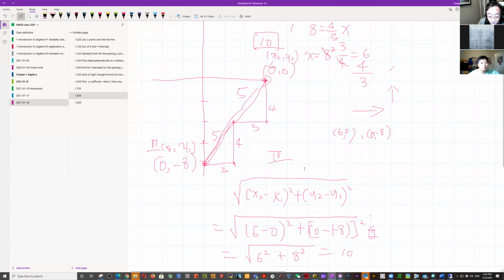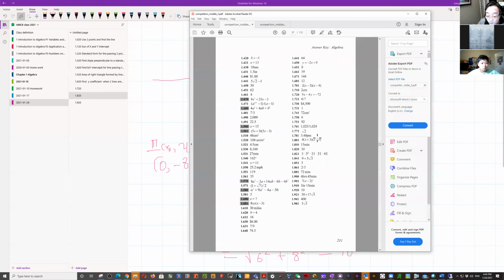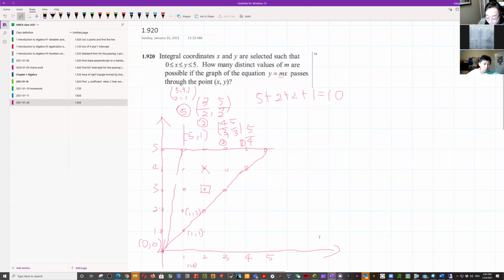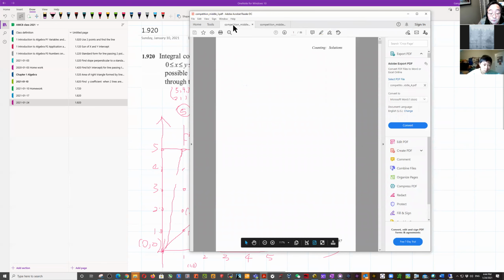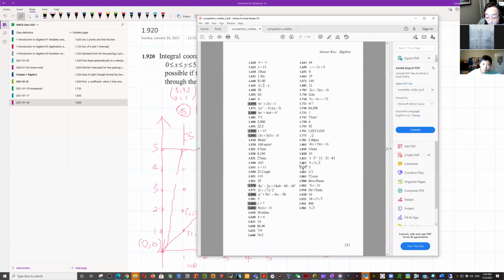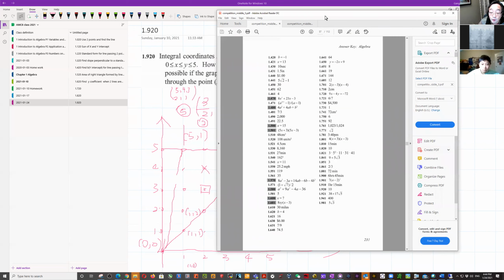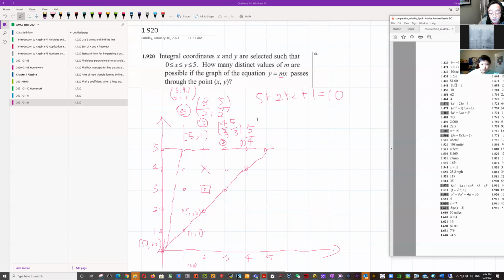Then 1820, the answer is 10. Yeah, the answer is 10. 1920 is 10 possible ways. Yeah, this is 10 possible ways. It's quite complicated, but I kind of got it right.